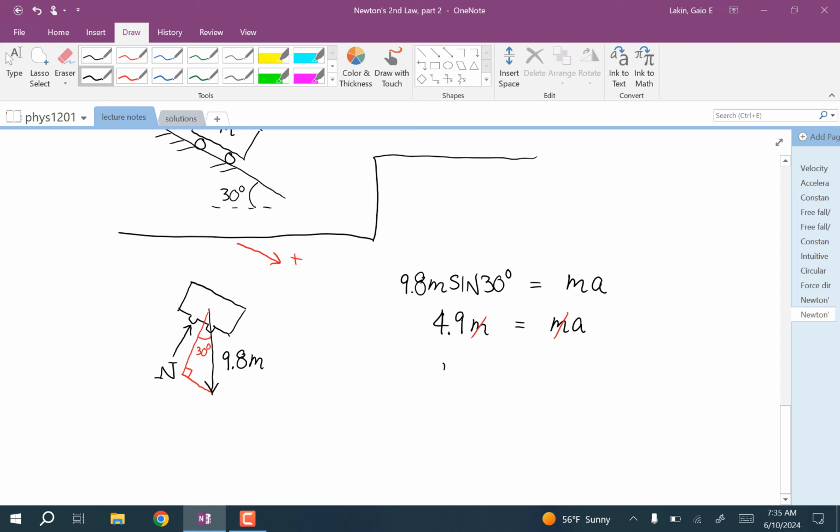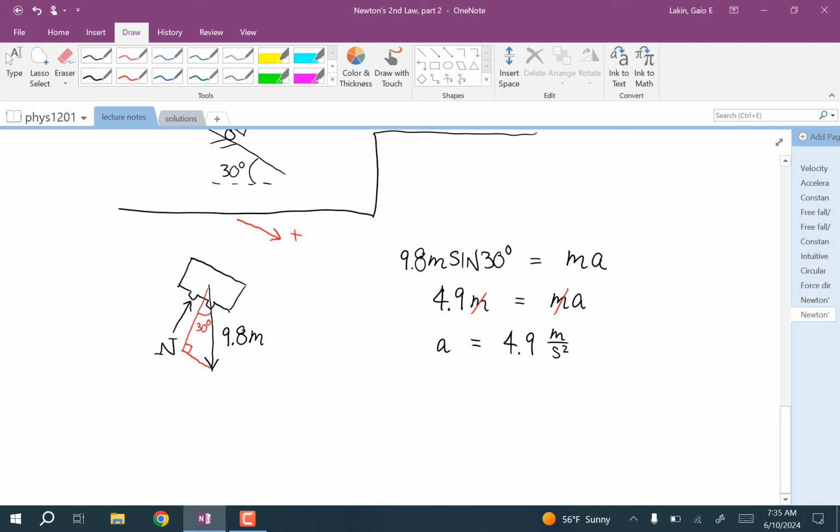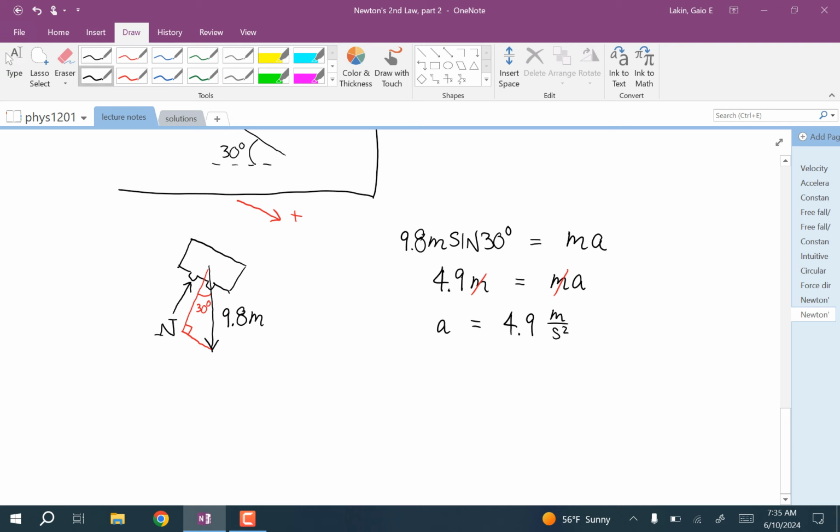And so we get that a is equal to positive 4.9 meters per second squared. The positive means it's in that direction that we chose as our positive. So this is an acceleration down the ramp of 4.9 meters per second squared.